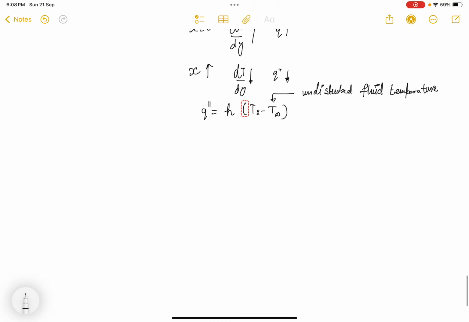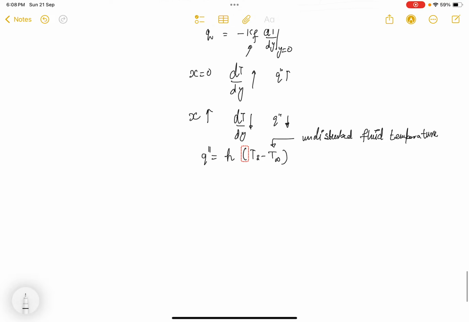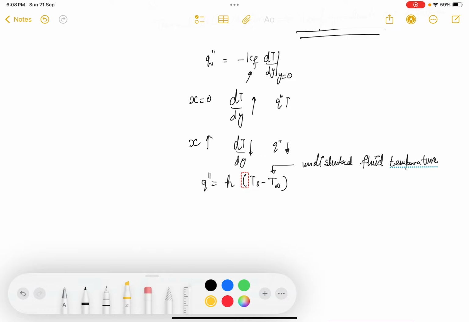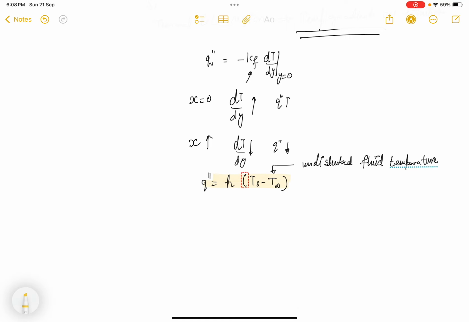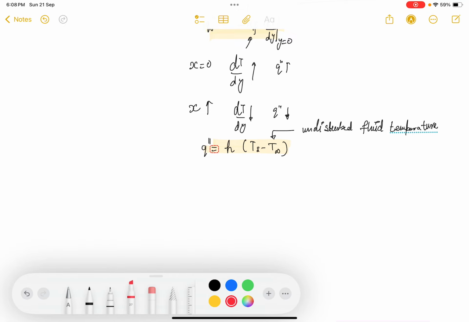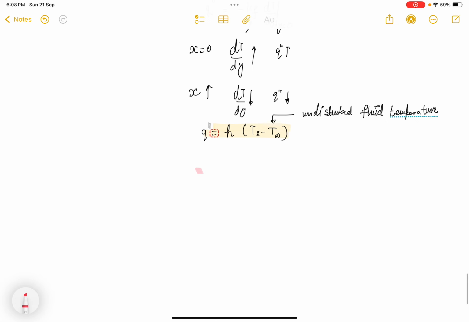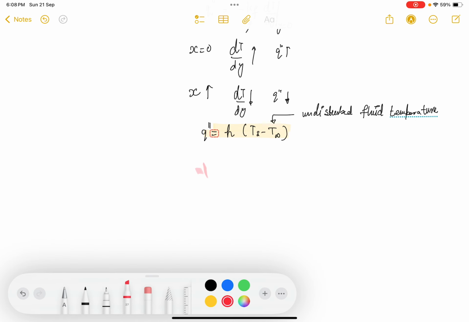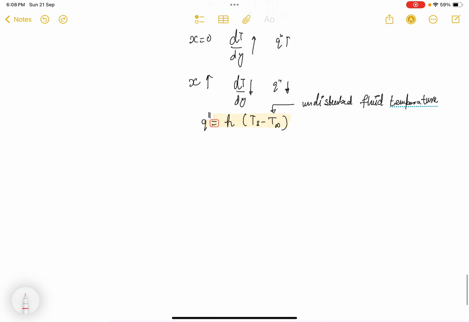Right? If we equate this equation and this equation, minus Kf dT by dy at y equal to 0 equals h times Ts minus T infinity.